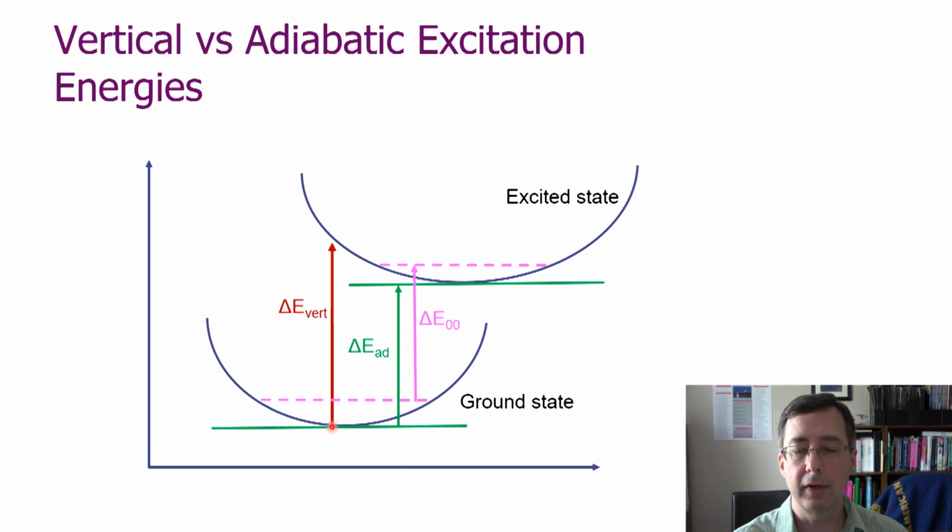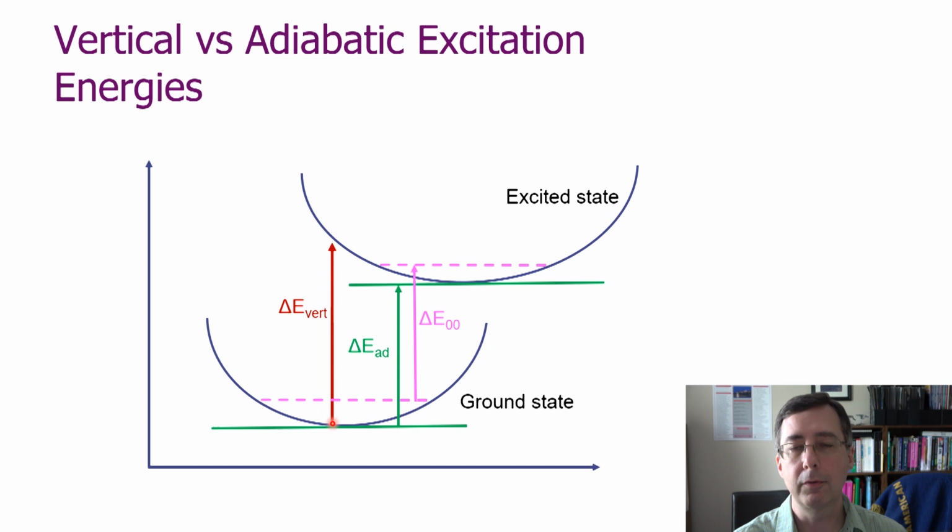If I'm in the ground state, normally I will be on average near the minimum of the potential well, even if I've got a little bit of vibration, like the 0-point vibrational energy. It's symmetric about the minimum of the well.